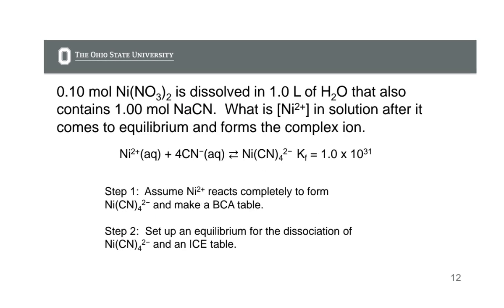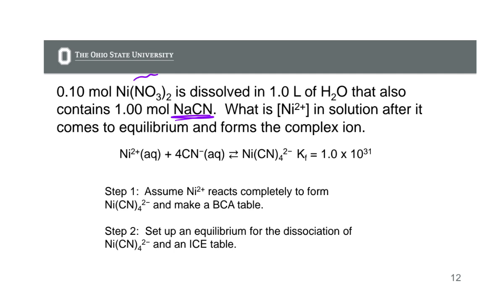Okay, so let's look at this example first. We're going to take a nickel nitrate compound and dissolve it in 1 liter of water. All nitrates are soluble. Okay. It's also going to contain 1 mole of sodium cyanide.